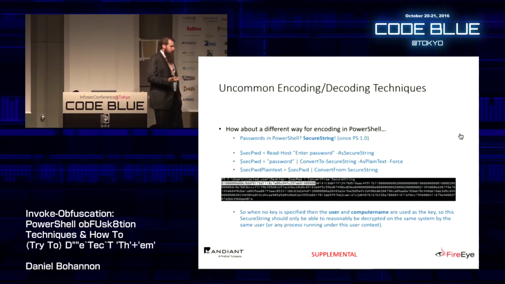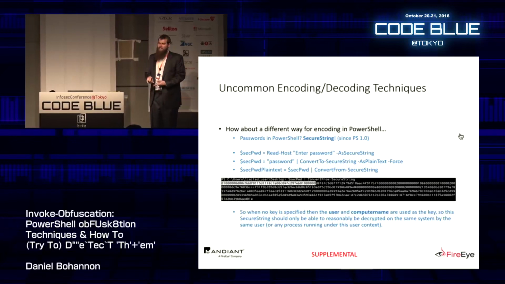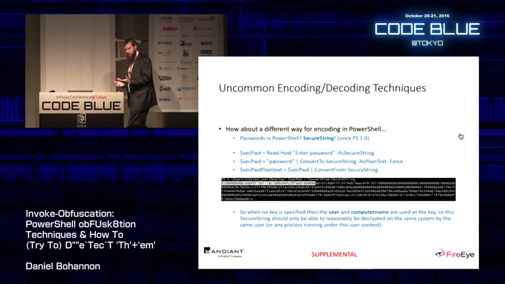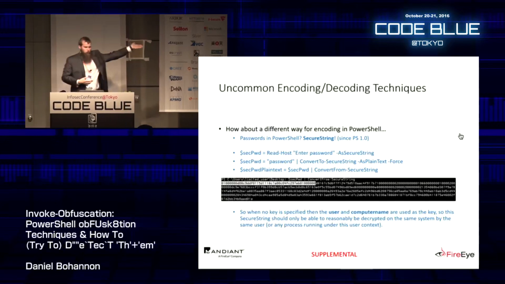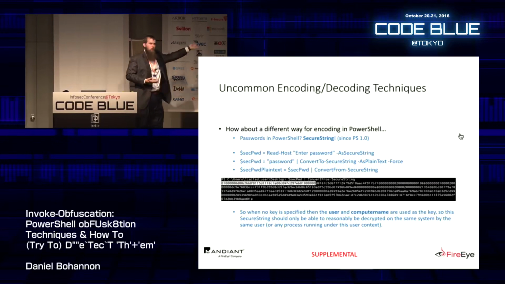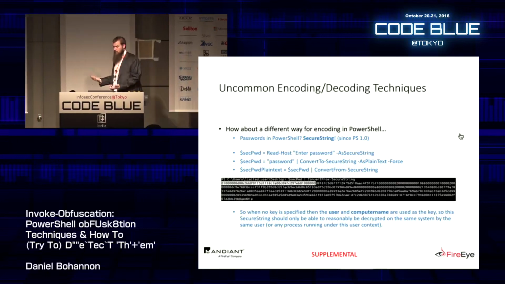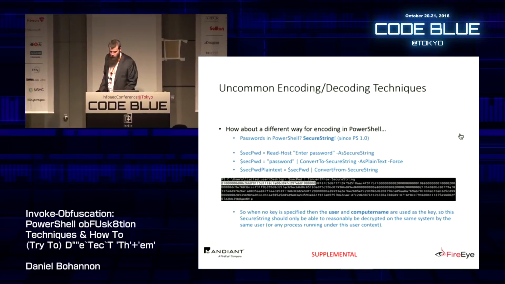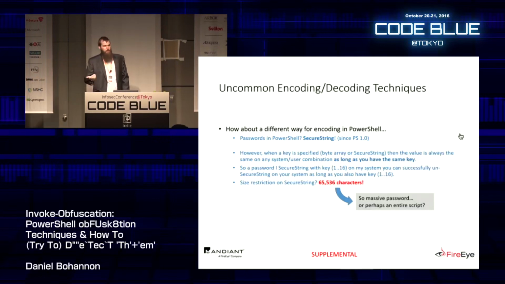And when you don't specify a key for secure string, it uses what's called DPAPI, and the key becomes the current username and the current system name. That's to make it extremely difficult if you take my password file or value and try to decrypt it on your system. It is possible if you gather additional information off of my system, but it's to make it more difficult to do. So that's using secure string without a key specified.